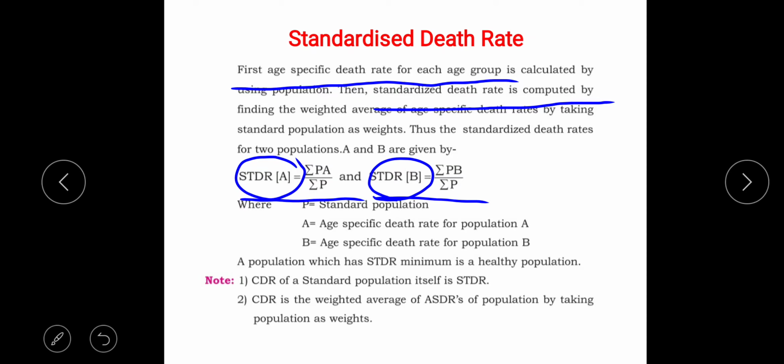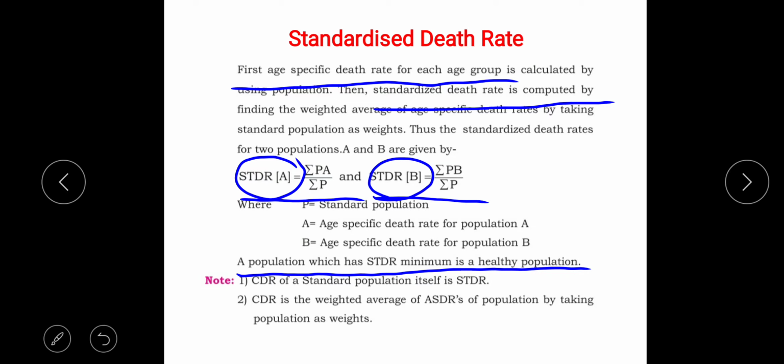So here they have given that the population which has the lower STDR is the healthy population. Suppose population A's STDR is 10.5 and the STDR of location B is 9.8, then we can say population B is healthier. Okay, and here, dear students, remember one thing.